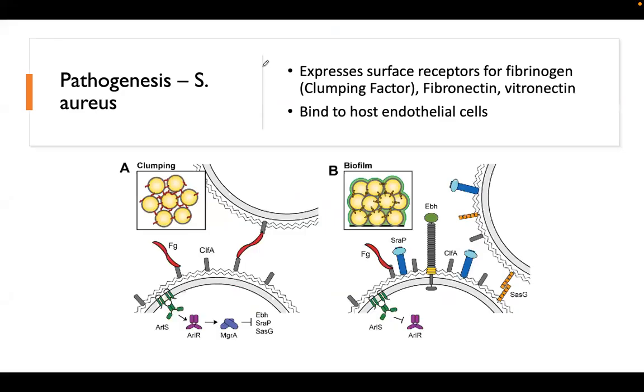Now, in the morphology boxes of Robbins, it talks about the pathogenesis of Staphylococcus aureus. What makes Staph aureus so virulent? Number one is the presence of the clumping factor.